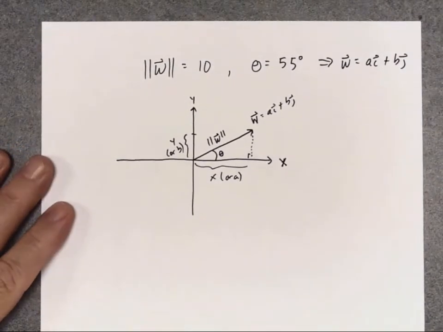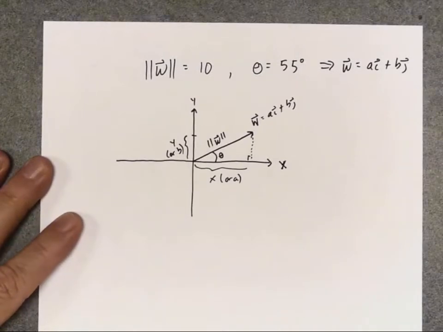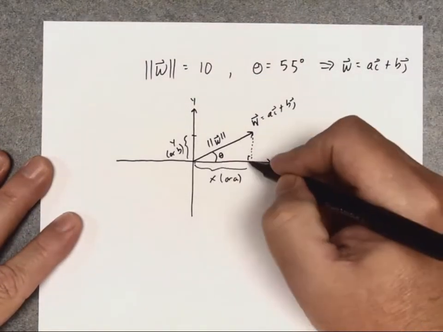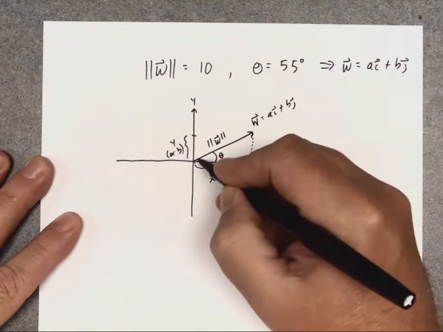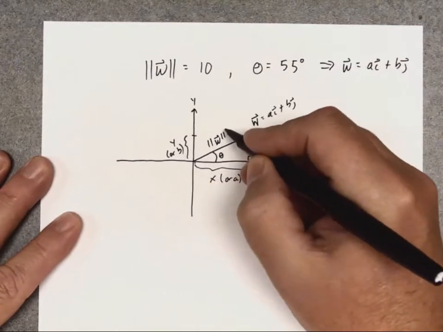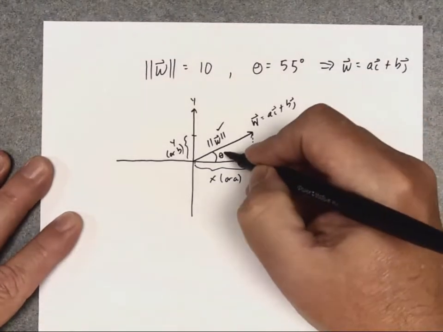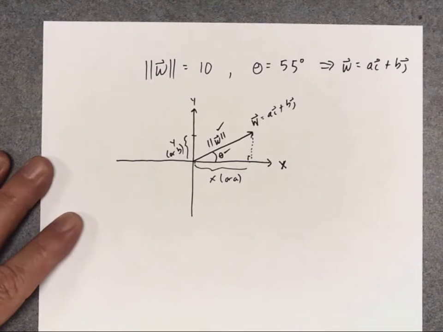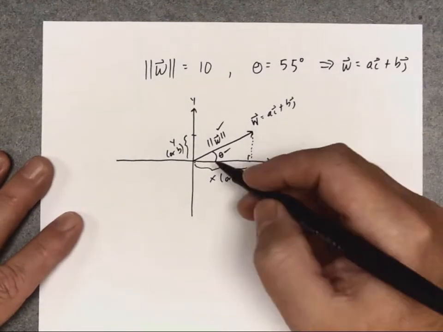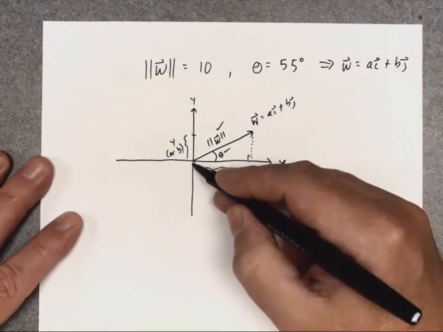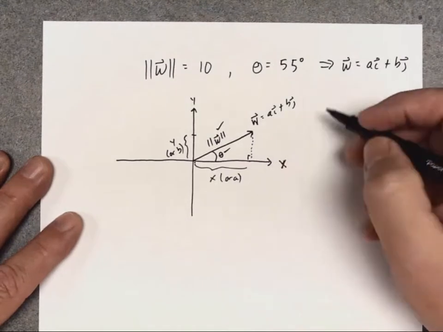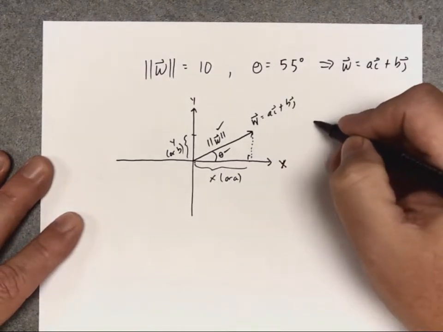Now here's some very straightforward applications of some trig functions. If I'm trying to find this distance x here, let's assume I know my magnitude, so I know the hypotenuse, and I know the angle. What can I use to figure out the length of the bottom of this triangle? Well, SOHCAHTOA: cosine is adjacent over hypotenuse.